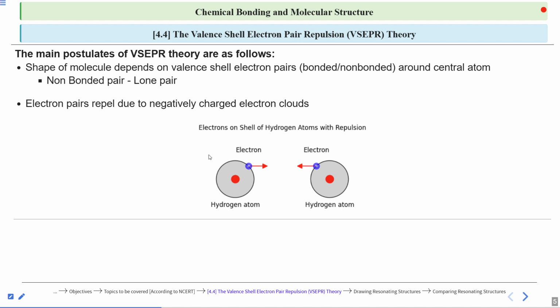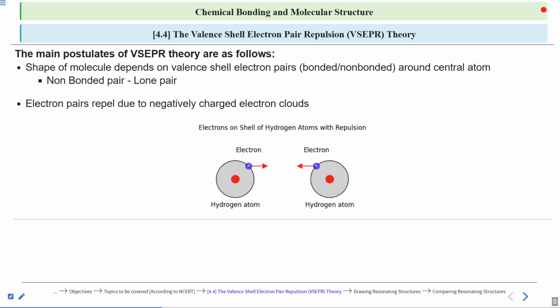So two things I have told you in this discussion. First, the shape of the molecule is decided by the valence electrons, and we know that valence electrons are present in two ways. According to the Lewis theory, they are bonded and non-bonded.